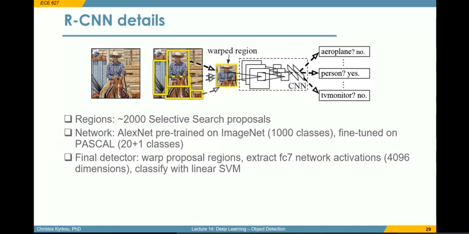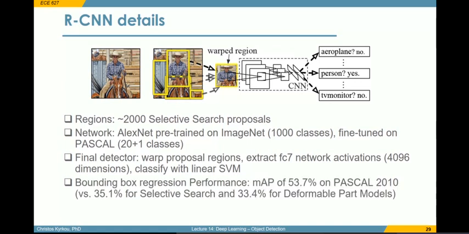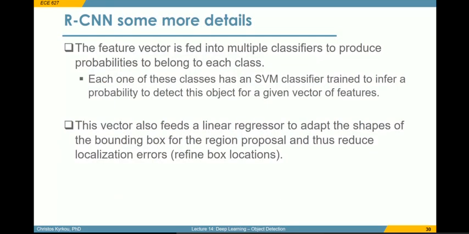They extracted a 4,096 dimensional vector from the CNN, which was then used as an input to the SVM for the classification. And they achieved a mean average precision of over 50%, which was much higher than what was possible by other methods at that time. And this is what sparked a lot of interest in using these systems and further researching how to improve them.